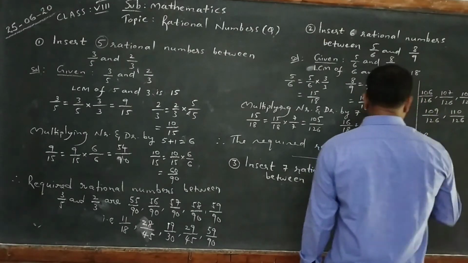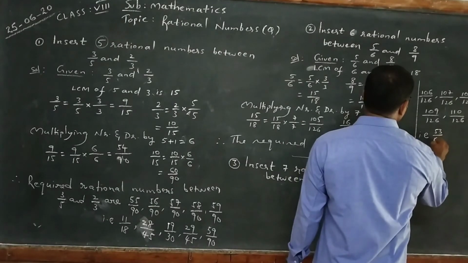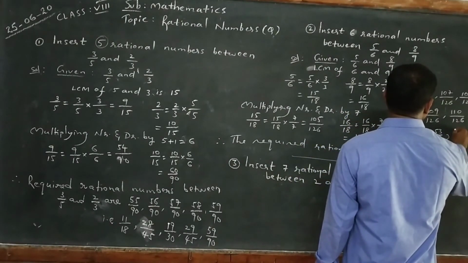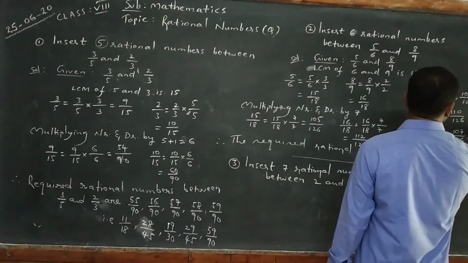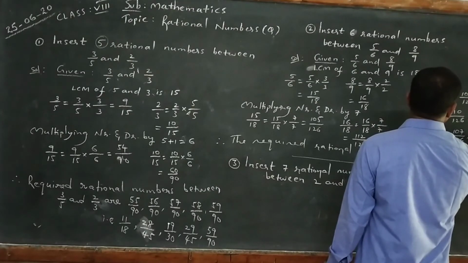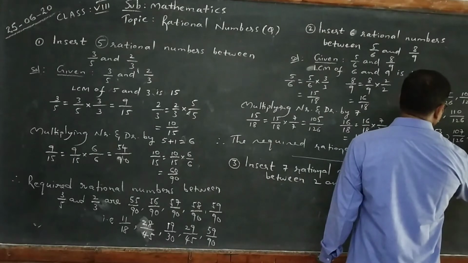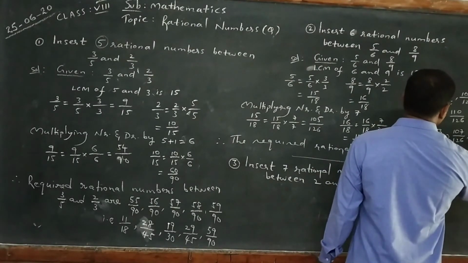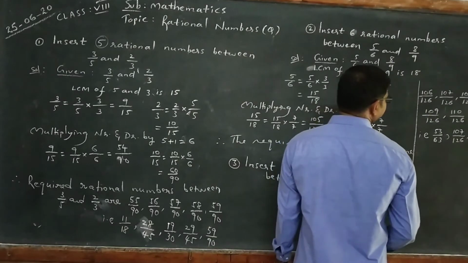So you must simplify them. 106 by 126, 2 53s are 106, 2 63s are 126. 108 by 126, 2 54s, 2 63s. Wait, 108 by 126: 2 54s are 108, 2 63s are 126, then 3 18s are 54, 3 21s are 63, 3 6s are 18, 3 7s are 21, so 6 by 7.